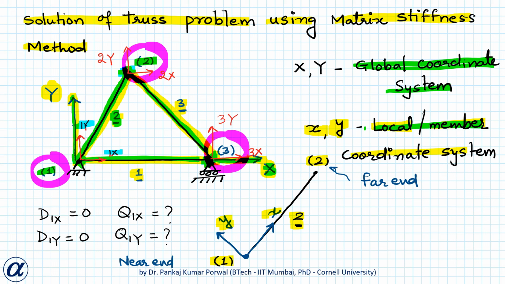Similarly, at node 2, both degrees of freedom 2x and 2y are unrestrained. So the displacements d2x and d2y will be unknown, and the forces at these degrees of freedom will be known. They will either be 0 or some applied forces at that node. So at each degree of freedom, we will know either displacement or force.